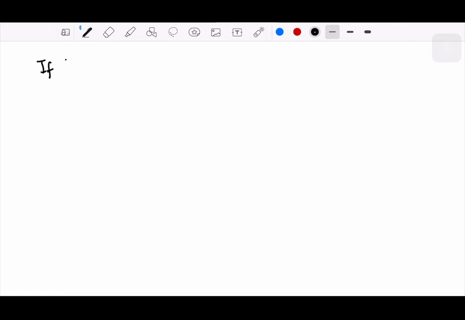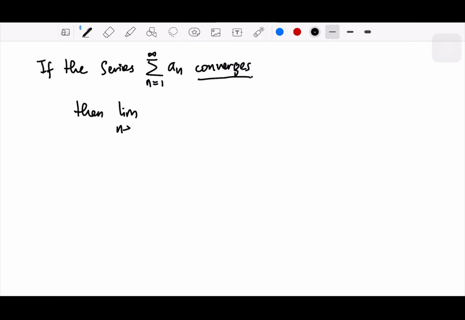If the series converge, then the limit of the sequence is 0.